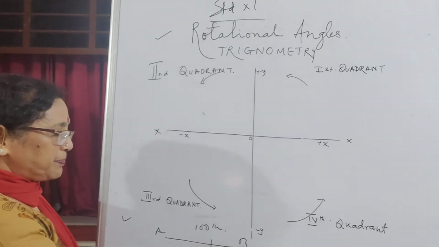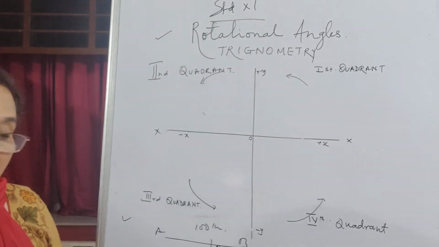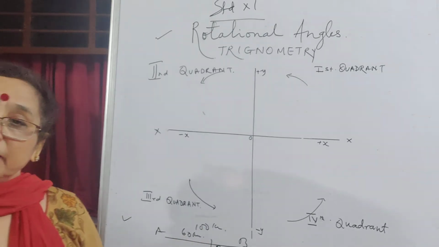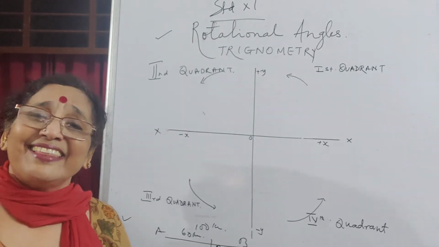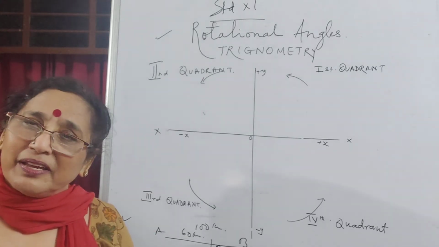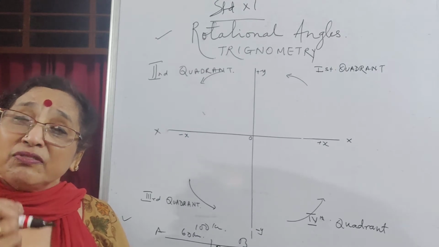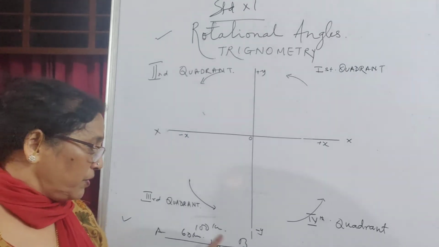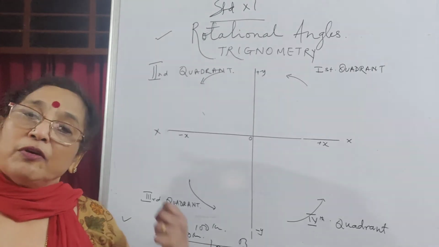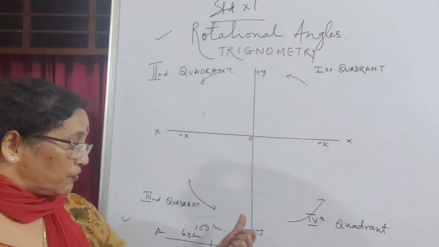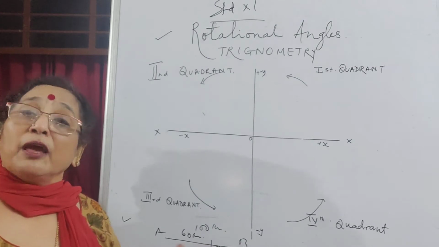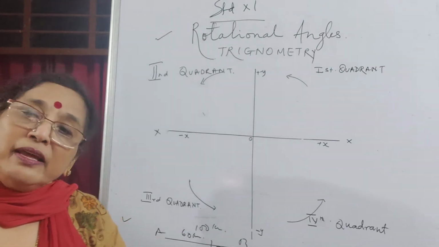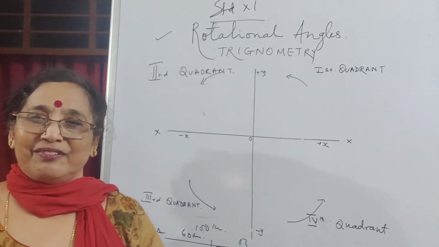If you are at a point P between the two stations and you say I am 60 kilometers from A, I can also say that I am 40 kilometers from B. So basically you are telling the location, or the position, of the point P. From A it will be 60, from B it will be 40. Both mean the same, and that's exactly what I want to explain in angular displacements.